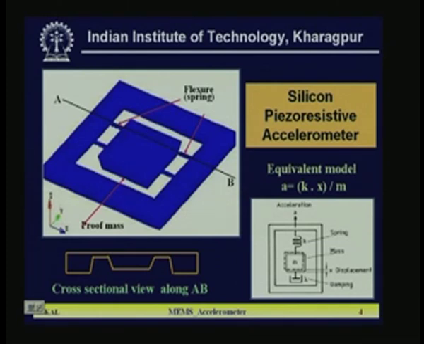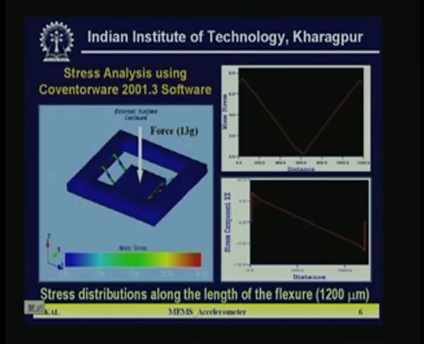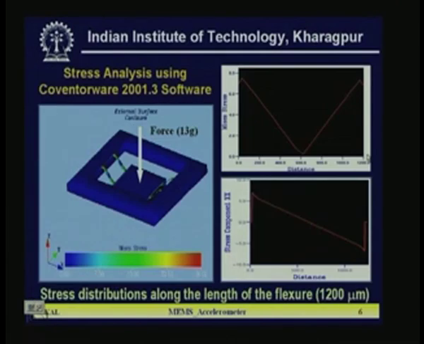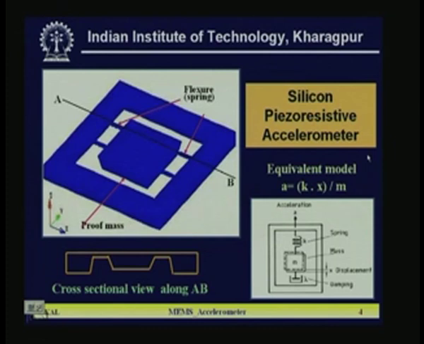So there are 4 flexures, here you can see 1, 2, 3, 4, and this is the probe mass and this is the beam, so that even with jerk or over acceleration the probe mass will not break, it will be stable.